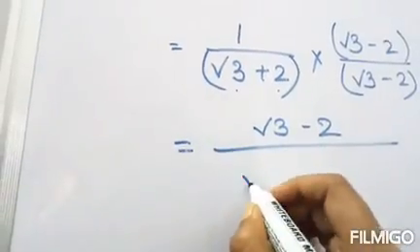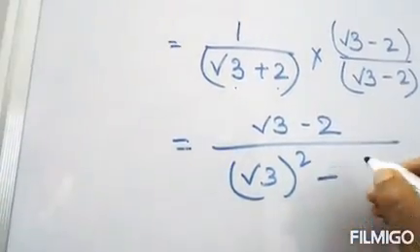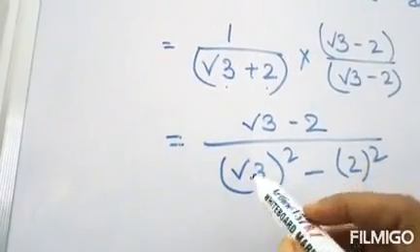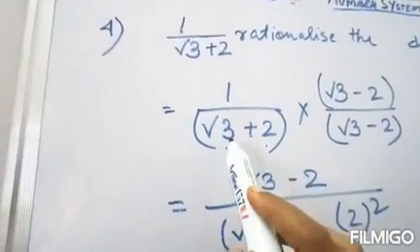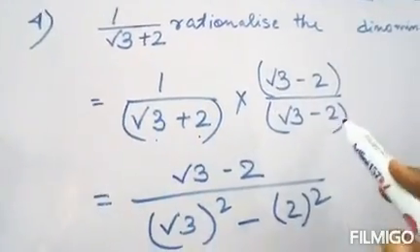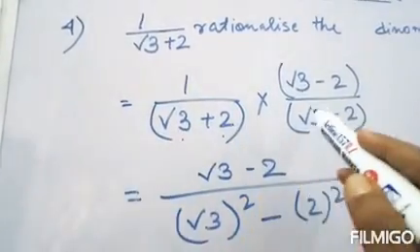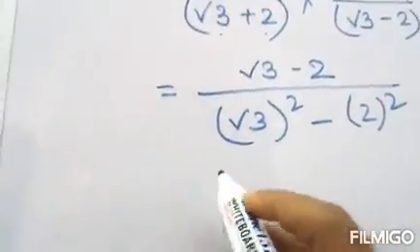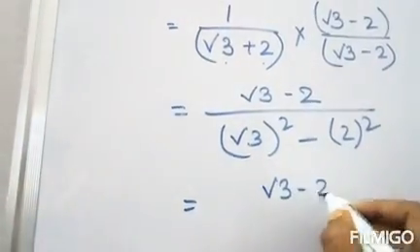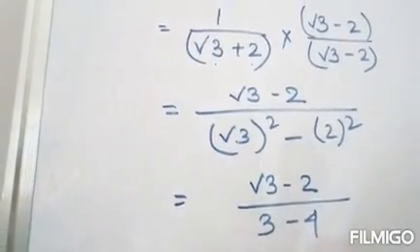So here it will be root 3 whole square minus 2 whole square. Why root 3 whole square? Because I have considered this as A and this as B. So A square minus B square, A plus B into A minus B. So it will be root 3 minus 2 by 3 minus 4.